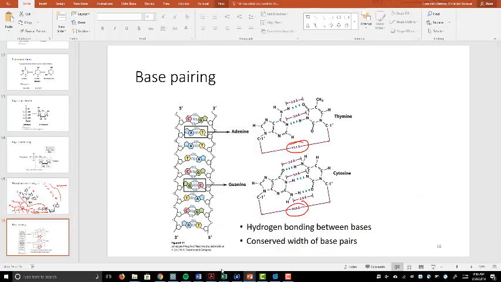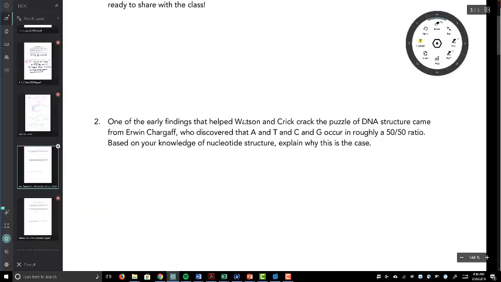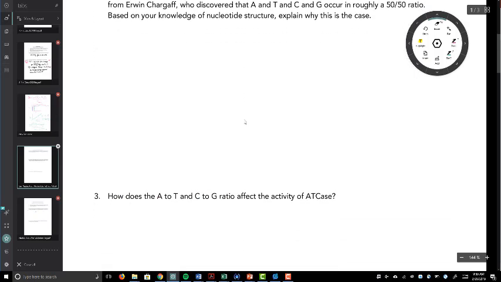Okay, so let's move on to the next question. We've established that we have to have equal amounts of A and T and equal amounts of G and C because they hydrogen bond with each other. However, the ratio of A and T and C and G becomes really important for the activity of an enzyme that we've talked about in enzyme regulation, which is ATCase.